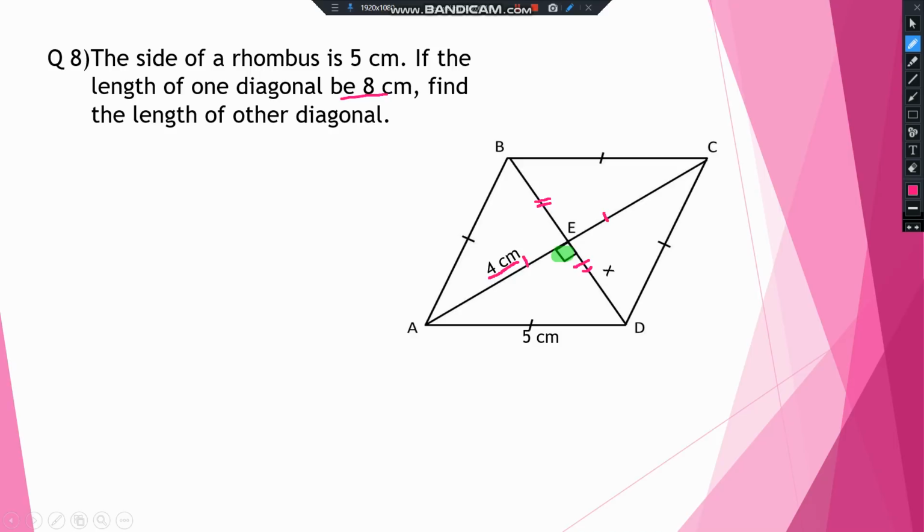Now for the other diagonal, we have to find the length. So let DE be denoted by X. We are denoting what is missing here as X. Now let's see how to write our solution.